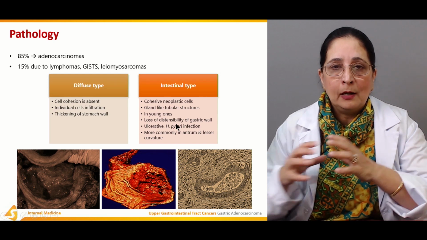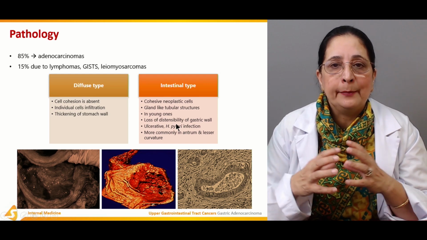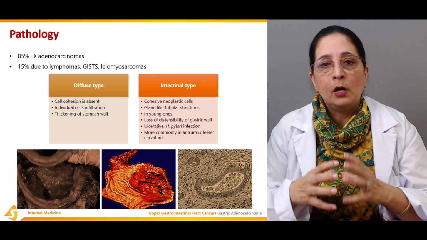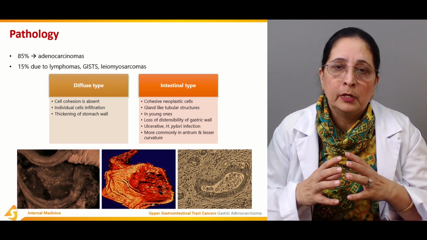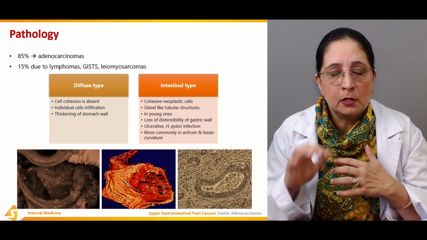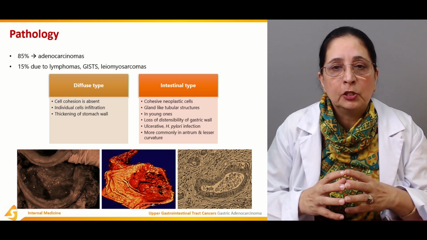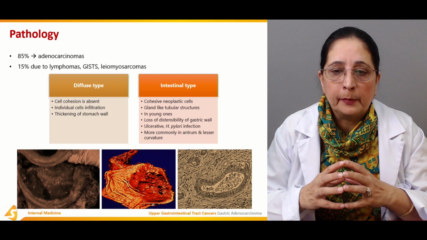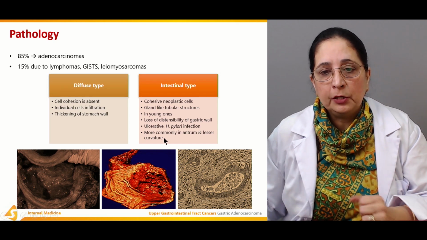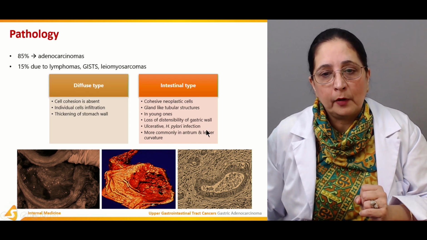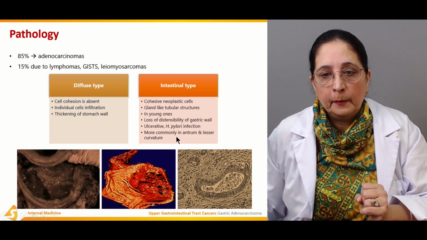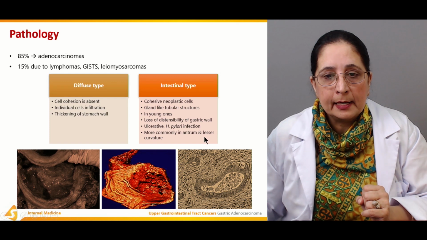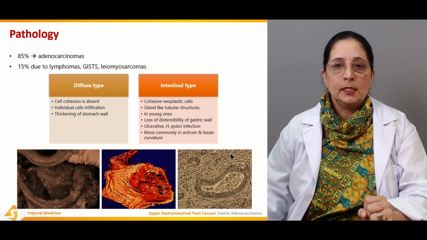The ability of the wall of the stomach to distend or expand with the food is lost because of the infiltration of the wall of the stomach by the tumor, usually caused by H. pylori infection, ulcerative type, more commonly in the antrum and lesser curvature of the stomach.